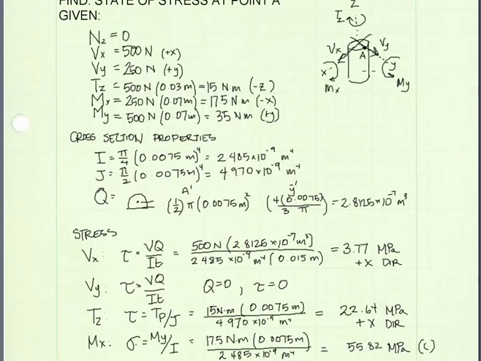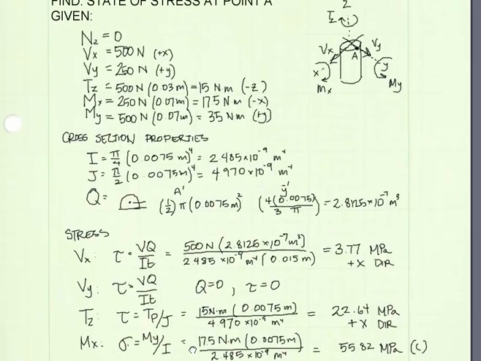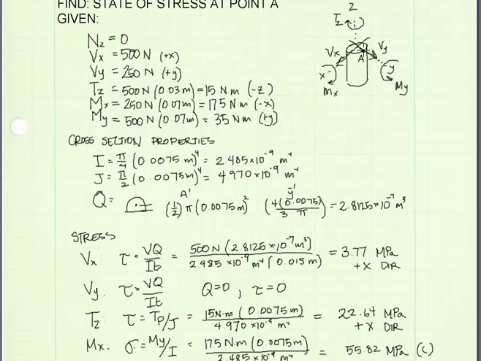Our last stress to consider is the moment about the y-axis, which we found to be 35 Newton meters. The equation we'll use is the same equation as above, with a little modification. The stress is equal to the internal moment times the distance from the neutral axis, which in this case is the y-axis, so we're going in the x direction, which is perpendicular to the y-axis, divided by I. And in this case, when considering the neutral axis is the y-axis, point A lies on the neutral axis.